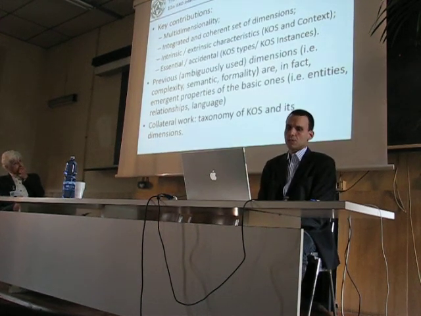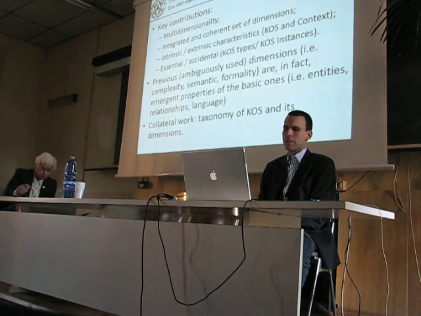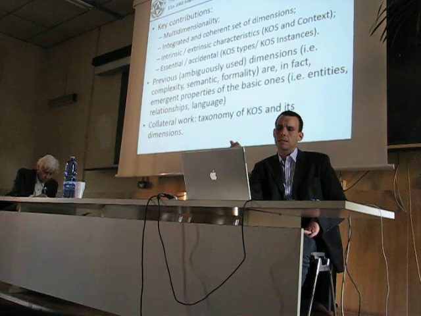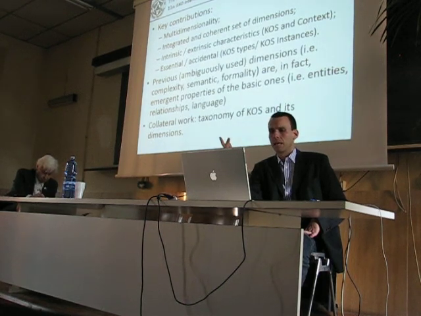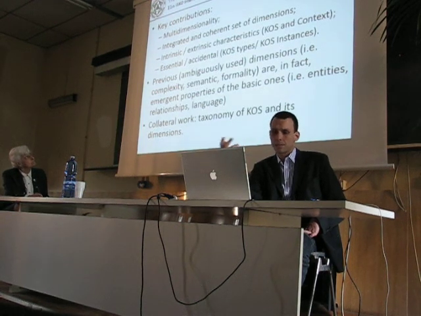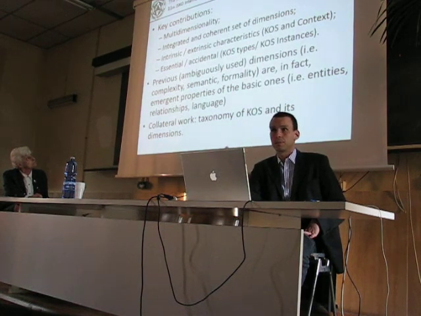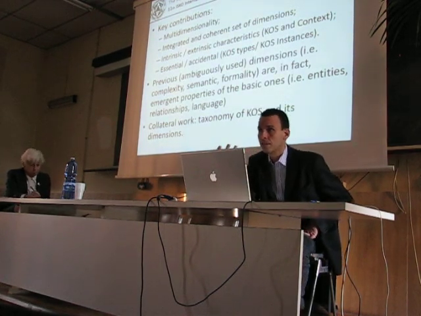We are trying to tackle some ambiguity in the dimensions, like complexity, semantics, and formality. They are, in fact, emergent properties of some basic ones, like entities, relationships, the language, the number of concepts, the types of relationships, and so on.